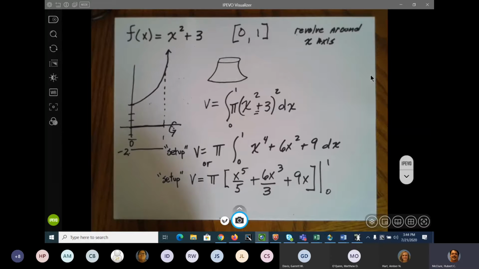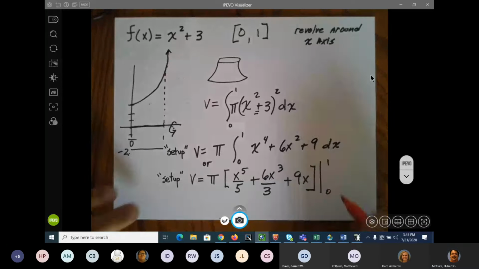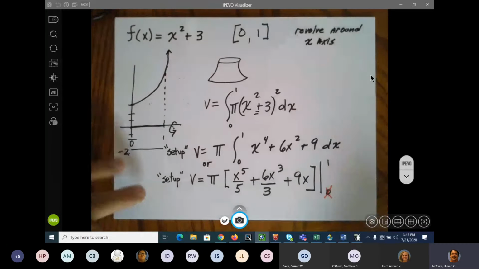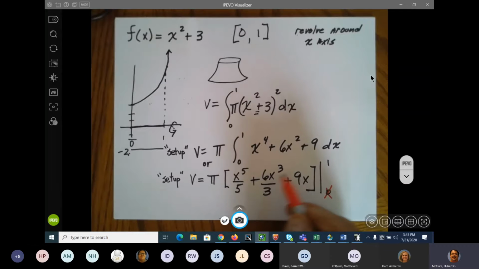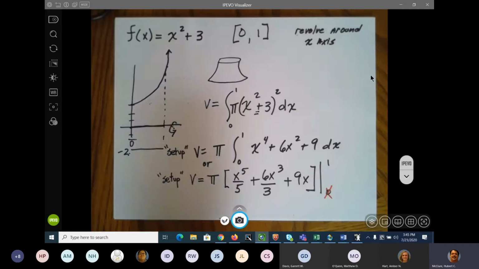Now, if you plug in, you know that 0 is, of course, going to go out. So 1/5 plus, I'm sorry, 6 divided by 3 is 2. Sorry. So that's going to be 1/5 plus 2 plus 9. Somebody help me out there.